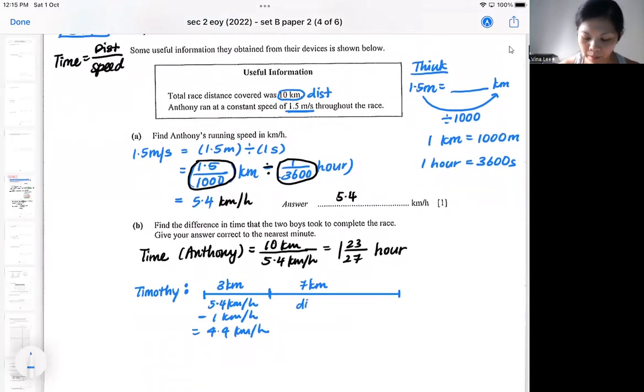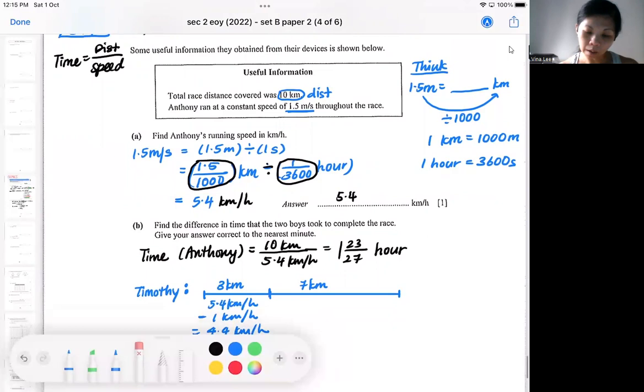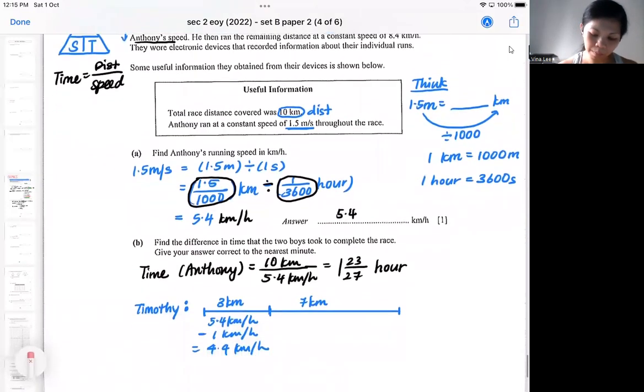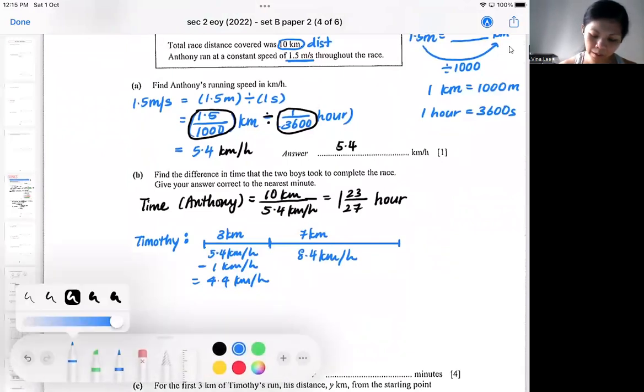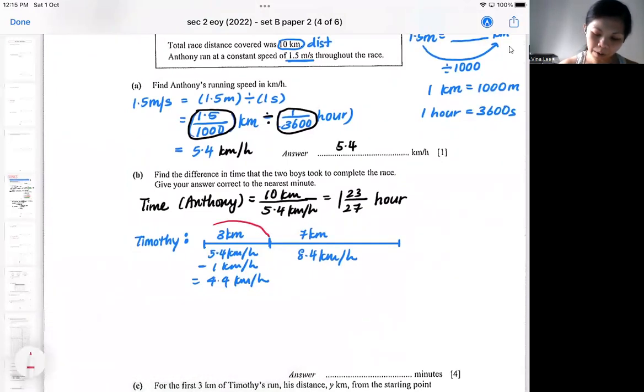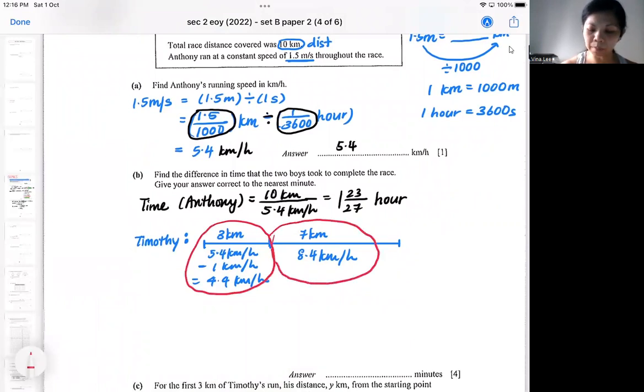For the remaining 7 km, he is doing it at 8.4 km/h. So make sure you match up all the units. They are consistent. Then you are going to find the time taken by Timothy. Find out how much time he took for 3 km, and how much time he took for the 7 km.